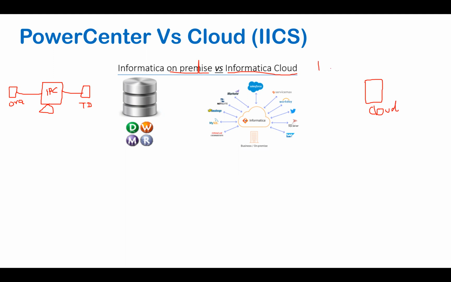For example, assume the source is Oracle, and we need to move the data from this Oracle database to AWS Redshift. What is AWS? AWS is on the cloud, and Amazon is maintaining it. And Informatica is on the cloud.